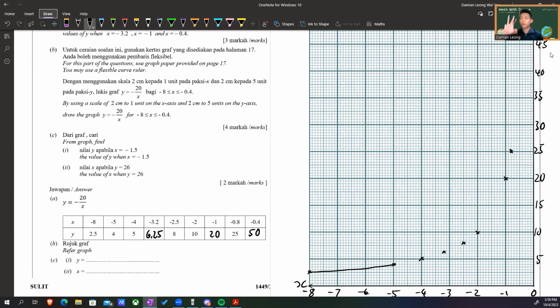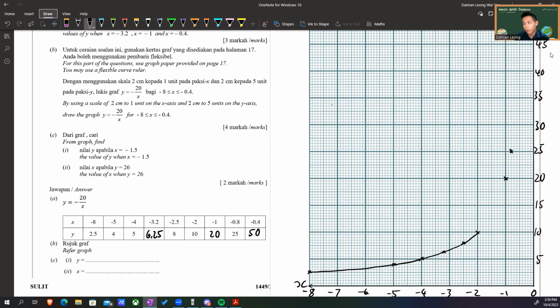You can turn the paper so that you follow the smoothest hand movement, like this. That's the easiest direction to draw the curve. So you can rotate the whole exam paper in a way that the curve matches your hand.